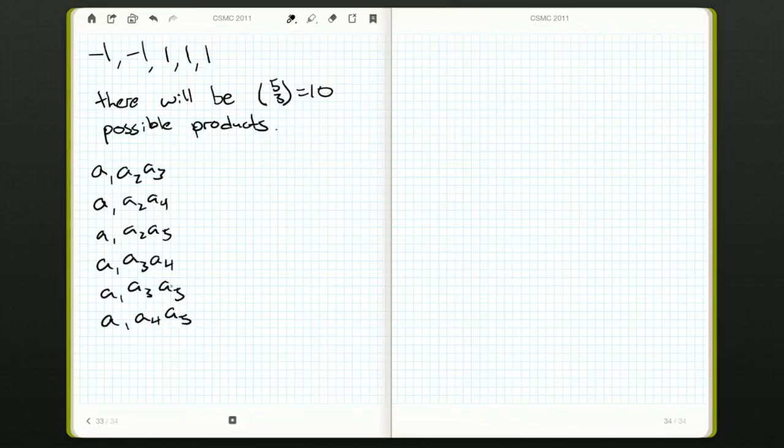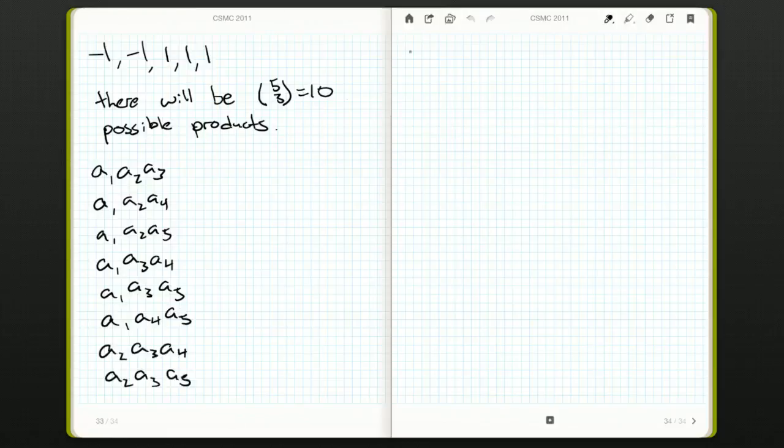So those are all the possible ones we can have with a1 in the front. So now we're going to start with a2: a2, a3, a4, a2, a3, a5 onto the next page. I want to leave this space here for my actual calculations. a2, a4, a5, a3, a4, a5. And if we count them up, 1, 2, 3, 4, 5, 6, 7, 8, 9, 10, that's all of them.